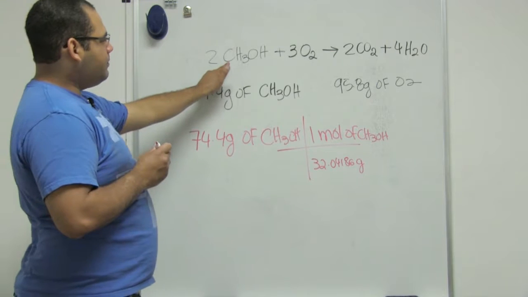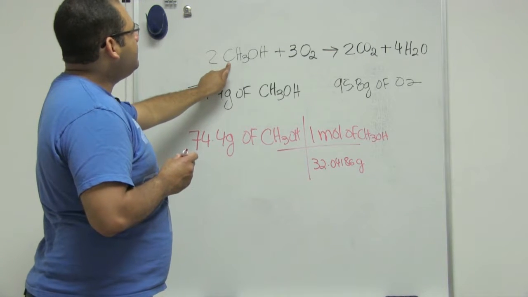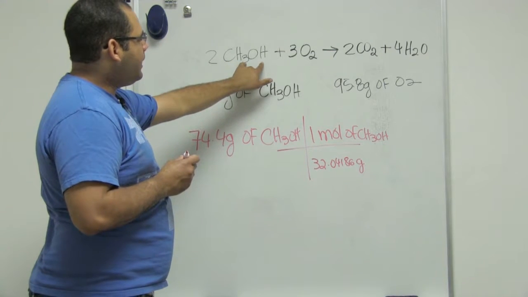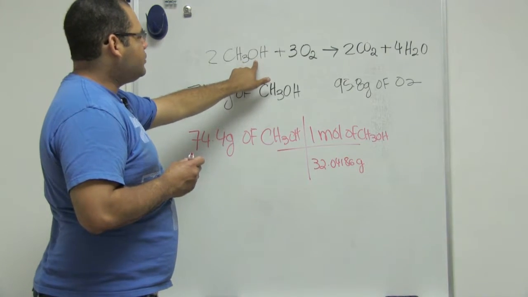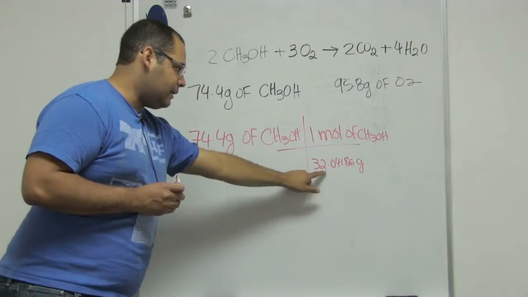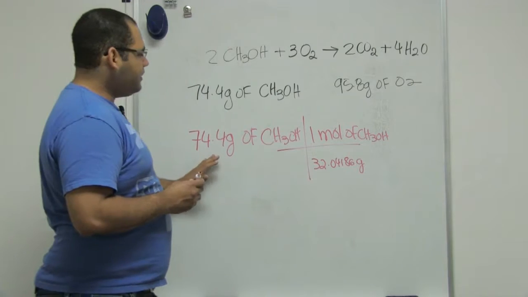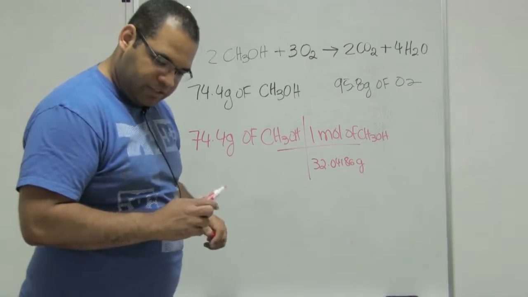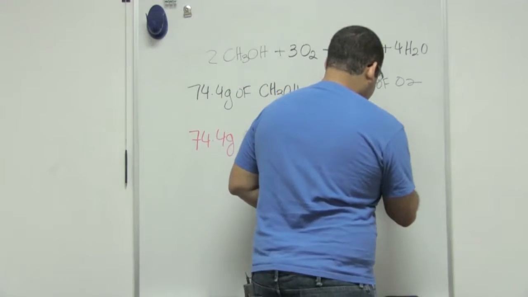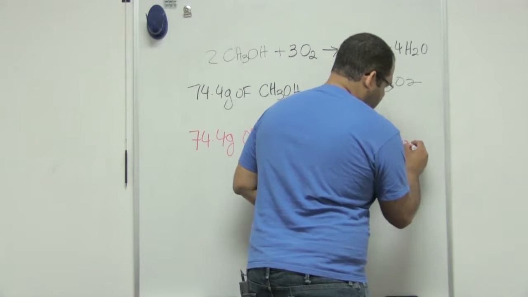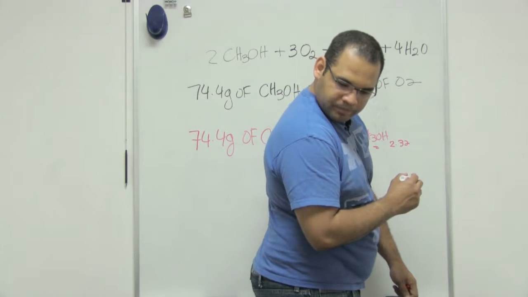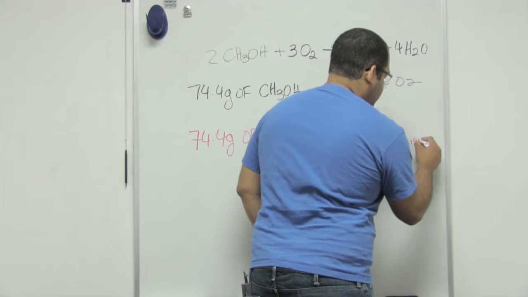But just a reminder of how we calculated the molecular mass. I have 1 carbon, so I go for the molecular mass of the element in my periodic table, 4 hydrogens and 1 oxygen. I added them up and I ended up with that number. If I do that divided by that, I get 2.32196 moles.